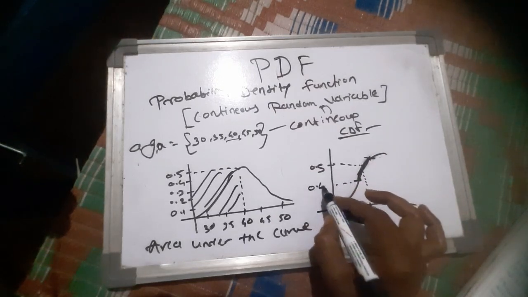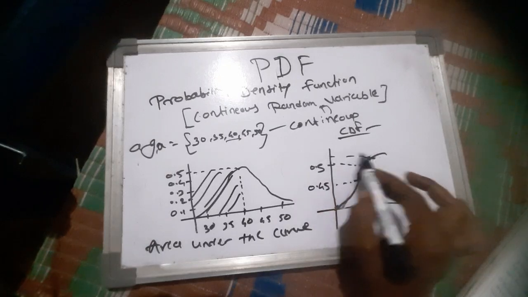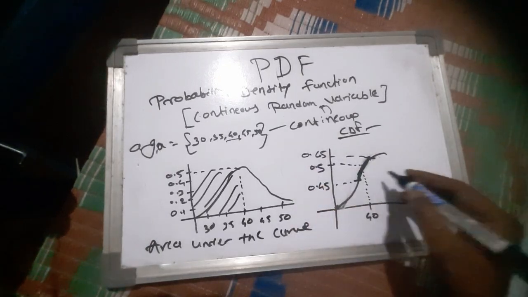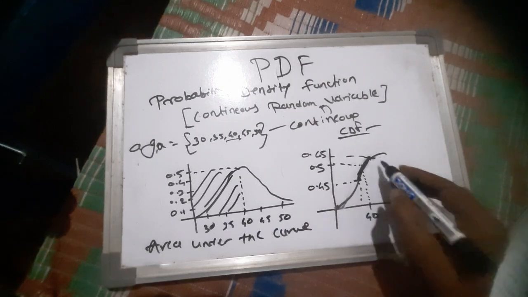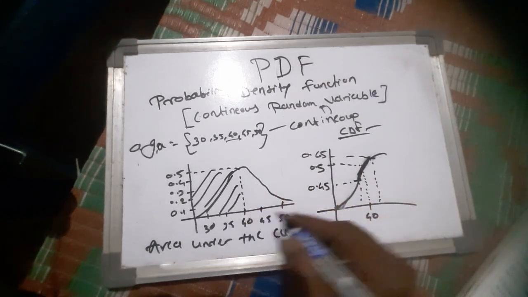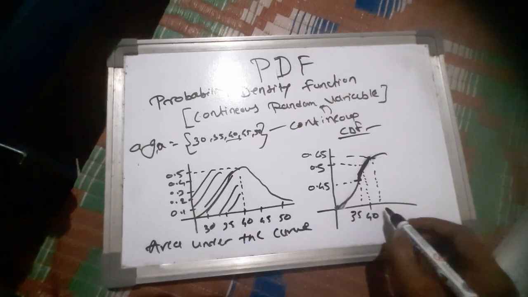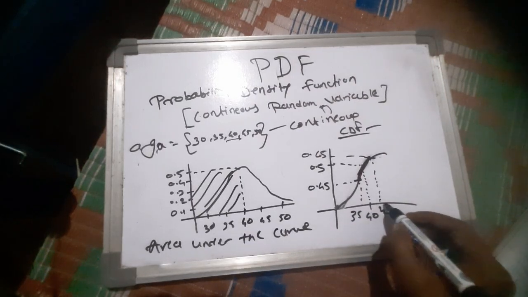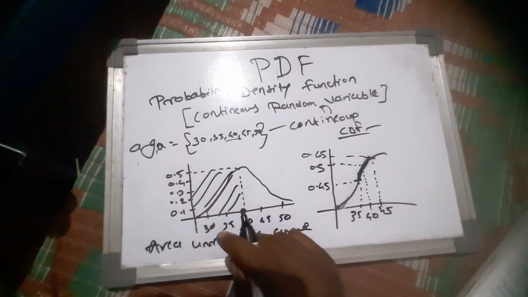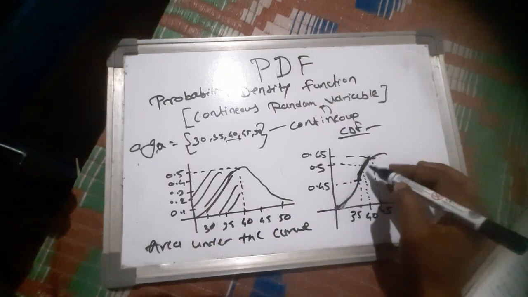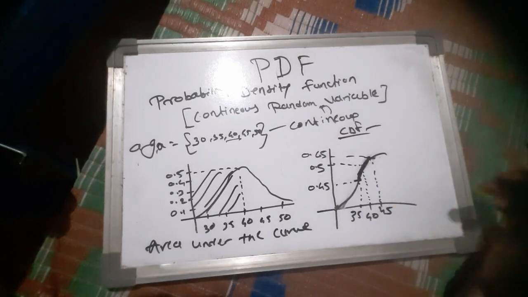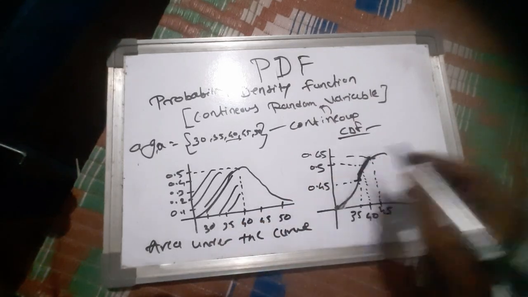Let's consider this point 0.5, and this point 0.65, right? This point is for 35, and this point for 45. We are calculating the slope in between. So what is the formula for slope?